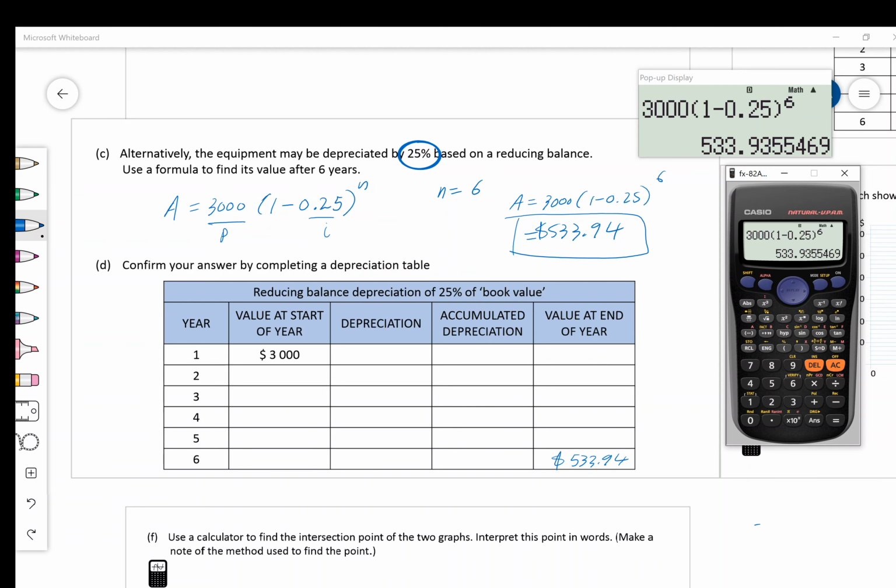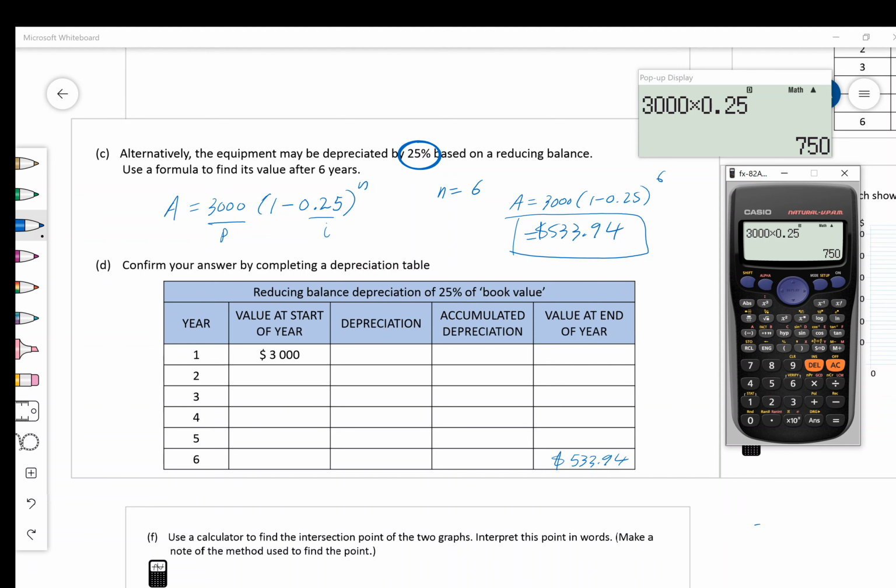So for year 1, we're going to start off with $3,000 worth of equipment, and that will reduce by 25%. So we'll go by 0.25, and so it's going to reduce by $750.